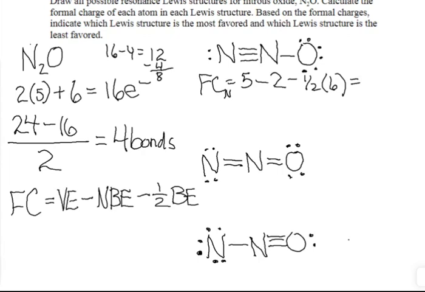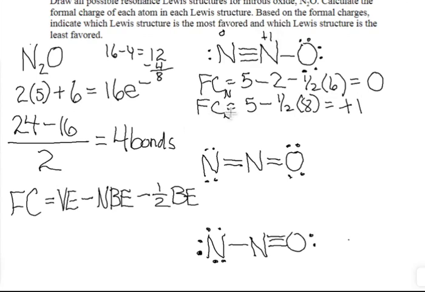So you'll see the formal charge on this one is going to be 0. Everybody follow where I got those numbers from? Okay, let's do the second nitrogen. It has 5 valence electrons, and then it has 1/2 of 8 bonding electrons. So +1. The formal charge on nitrogen here is +1.